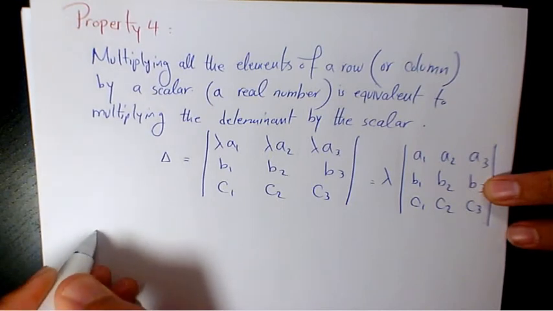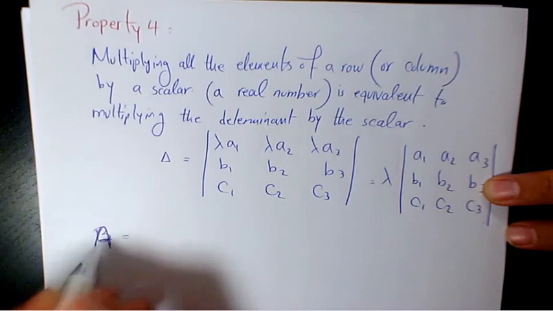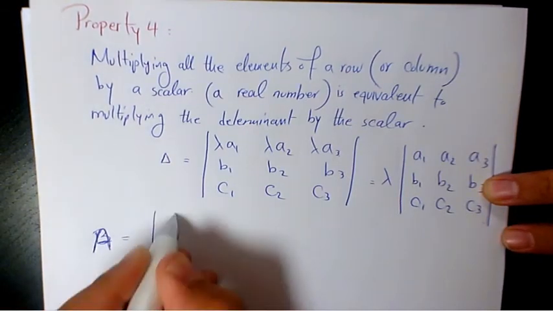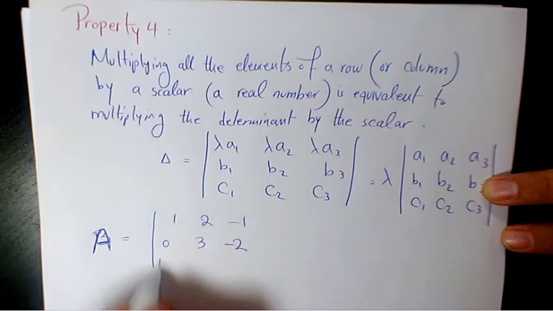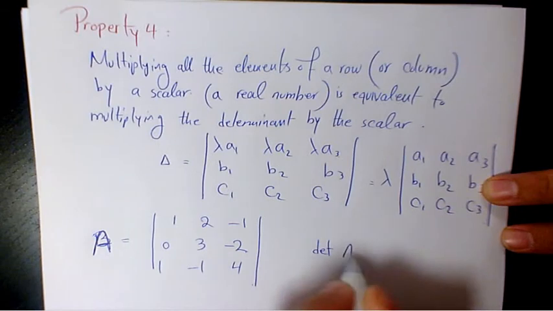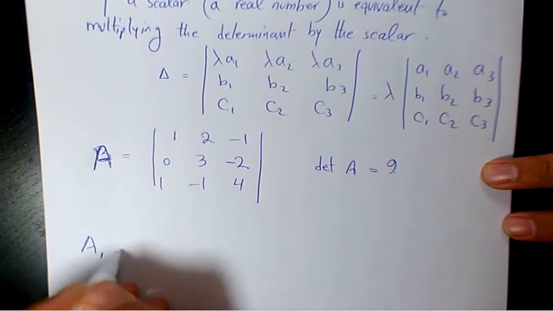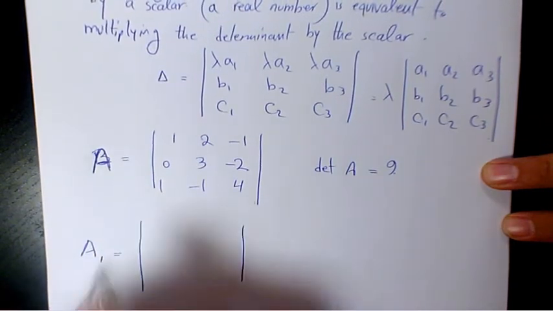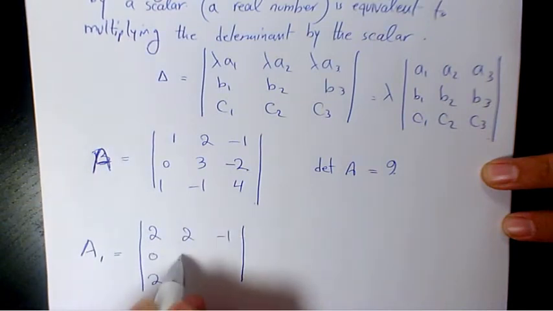For example, the example we had, I'm going to call it matrix A. That was 1, 2, negative 1, 0, 3, negative 2, 1, negative 1, and 4. Determinant of A was 9. Now if I multiply the first column by 2, we're going to have 2, 2, negative 1, 0, 2, 3, negative 1, negative 2, and 4.